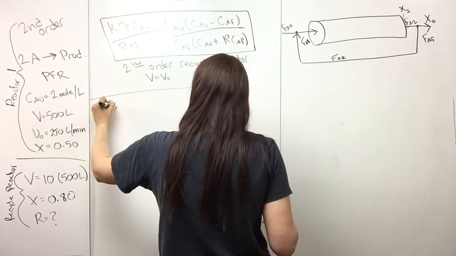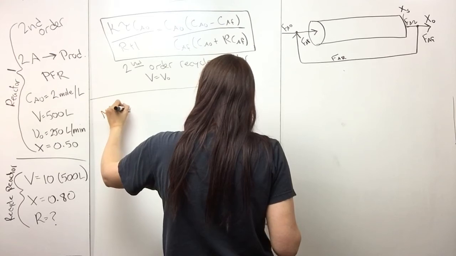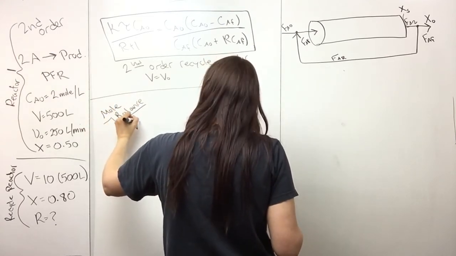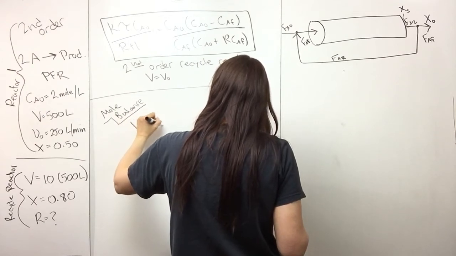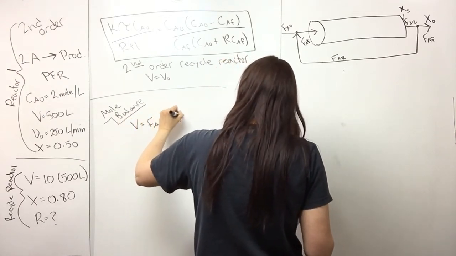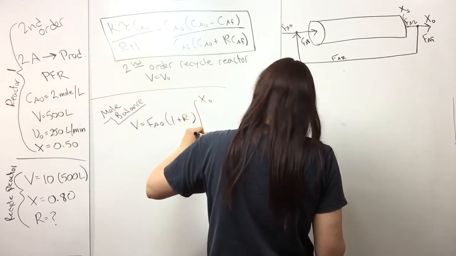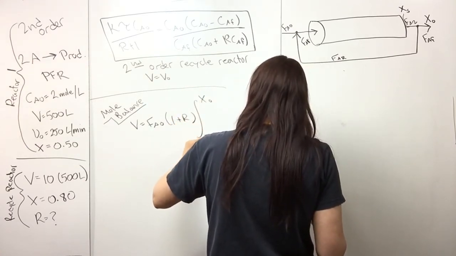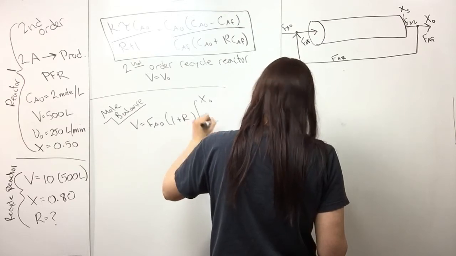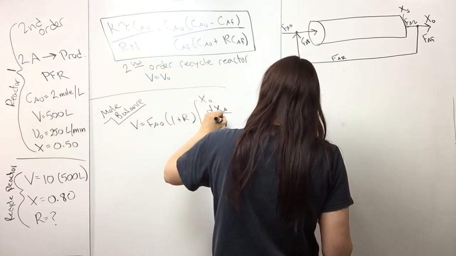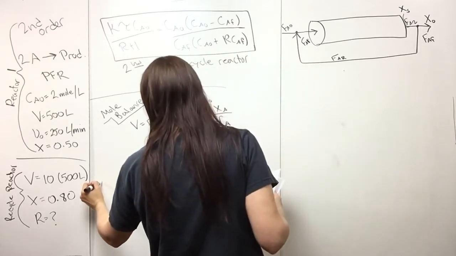The mole balance was V is equal to FA naught, (1 plus R) X naught to R over (R plus 1) X naught, dXA over minus RA.